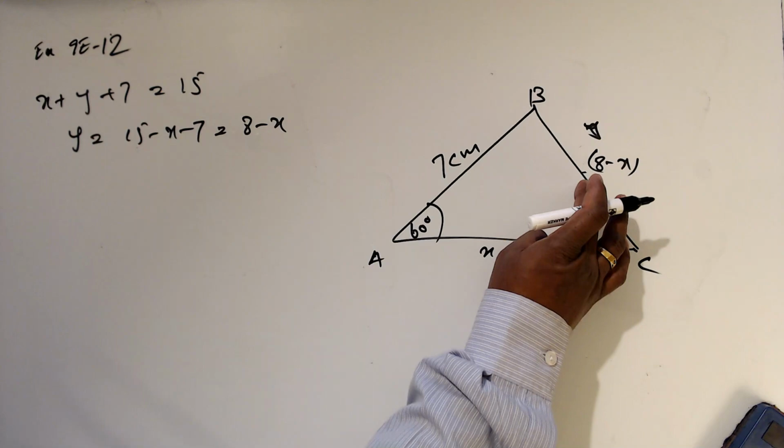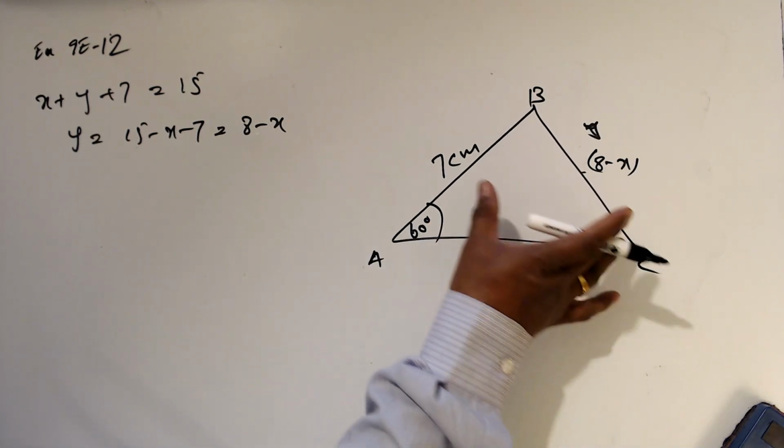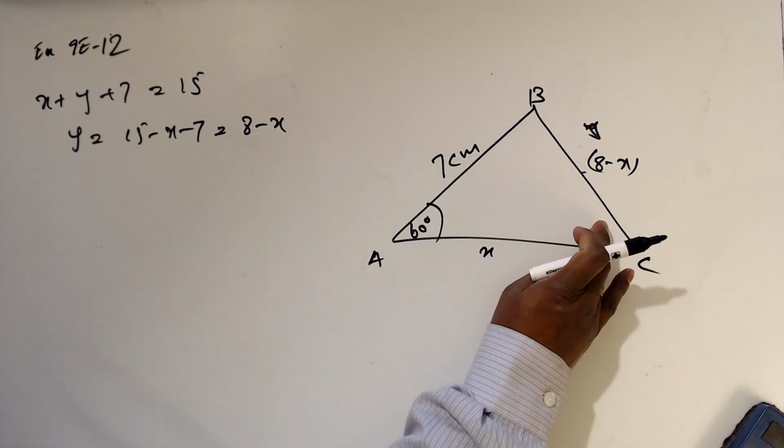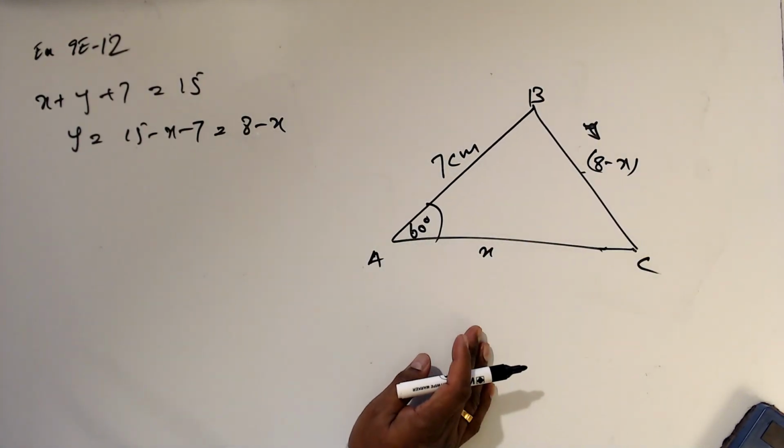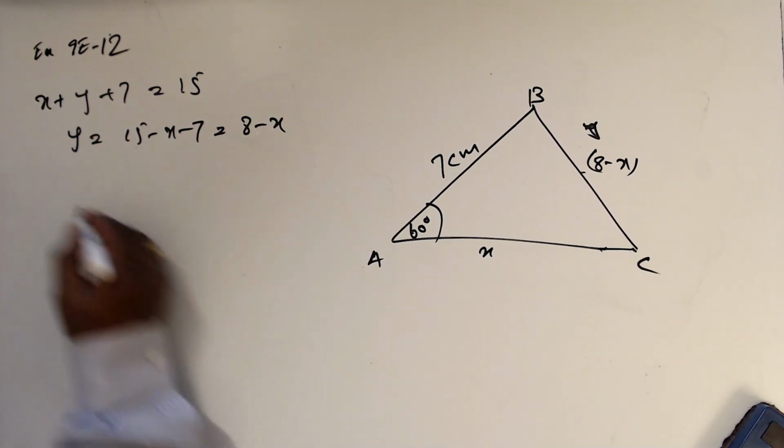Can I use sine? Because I don't know this angle, only I know one angle and I know the side. So cos is clearly visible in this, the cos rule.